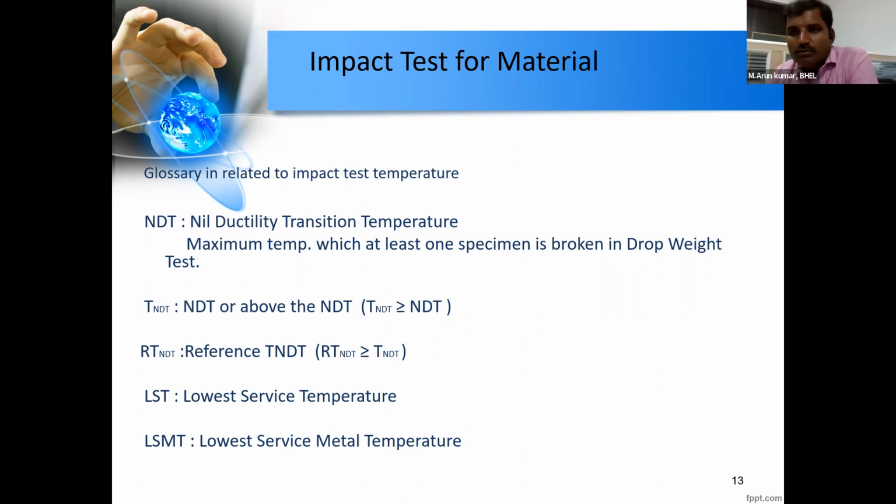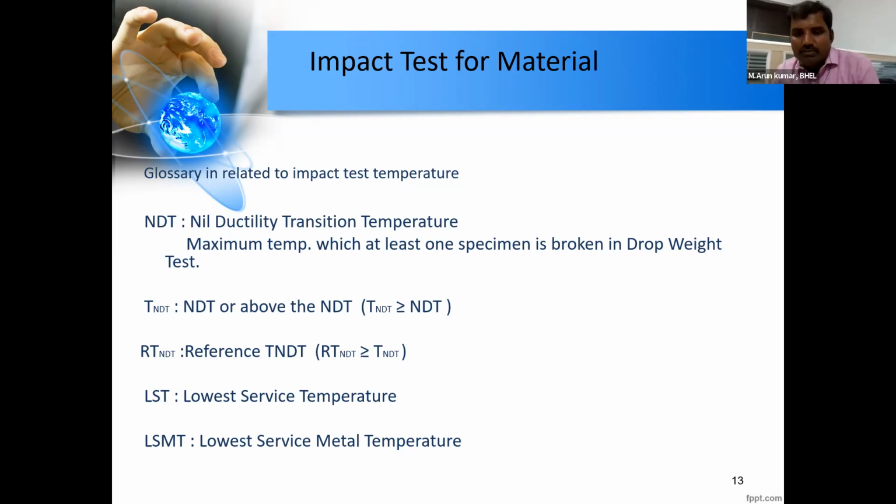Again, we are going for one more furnace heat treatment that deteriorates the ductility of the material. So this is one of the major concerns we are facing in design of nuclear components for nuclear power plant applications, sir.